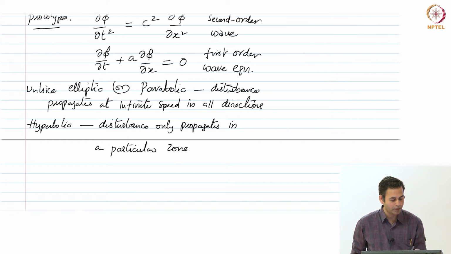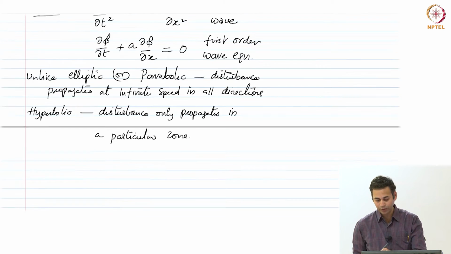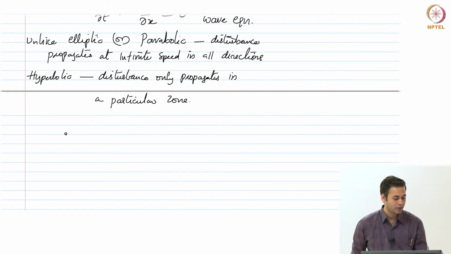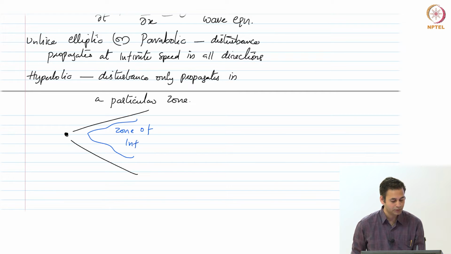I think you are aware of this. For example, if you have a supersonic flow, you know that there is a zone of influence and zone of silence, right. Essentially, if there is a source of disturbance here, this can only influence or send signals which are affected only inside this region, which we call the zone of influence, and the pressure fluctuations that are created by this would not be propagating in the other directions, okay.